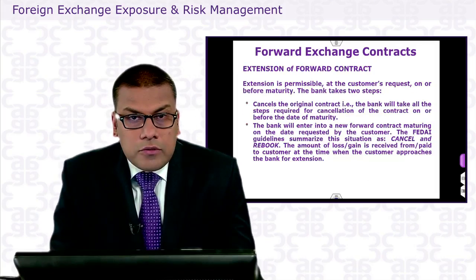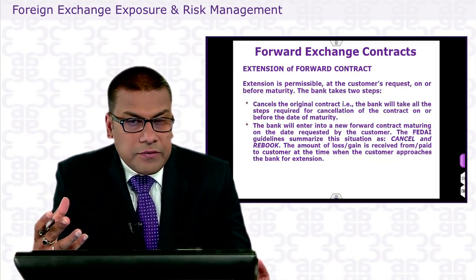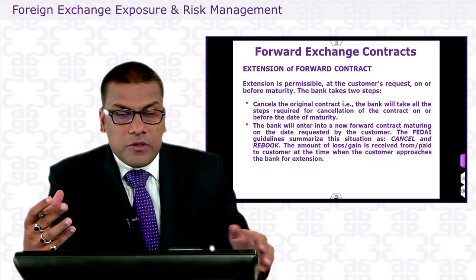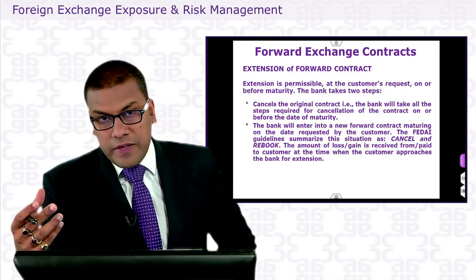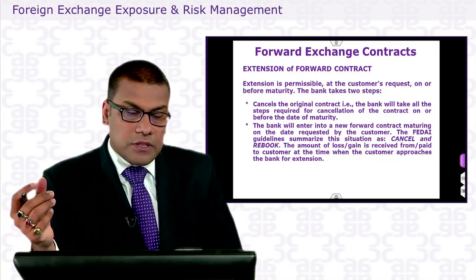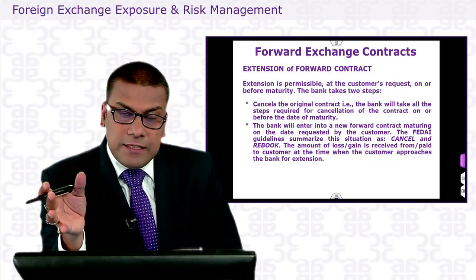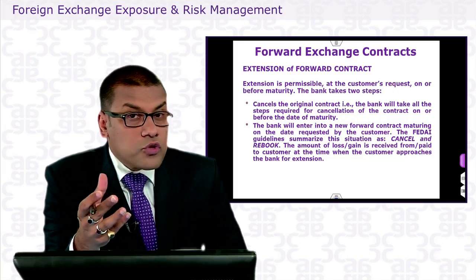Okay, so we have discussed forward contracts in the way that if there is a possibility of customer coming up with a request of cancellation, then how does a bank go about doing such transactions. Now in continuation to that, let's see what if somebody wants to extend a contract.